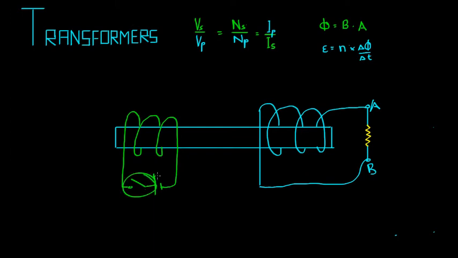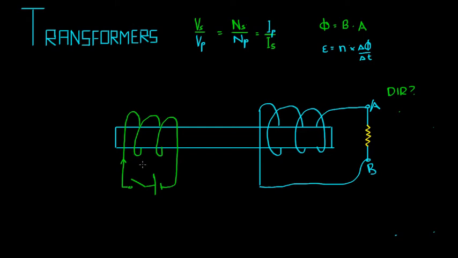If I slam this switch down and close this circuit, the charge will flow out of the positive side of the battery and around this coil here. Let's figure out the direction, either A to B or B to A, of the current in this circuit over here. So that's the goal, the direction.